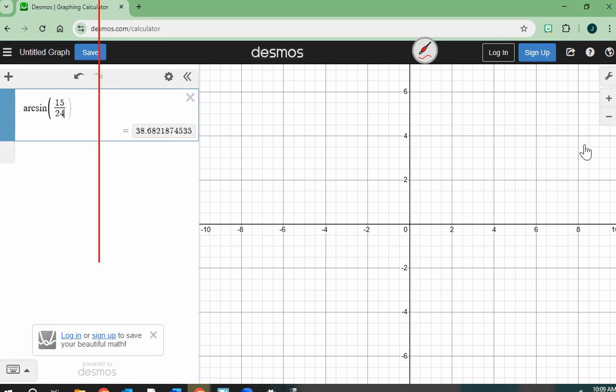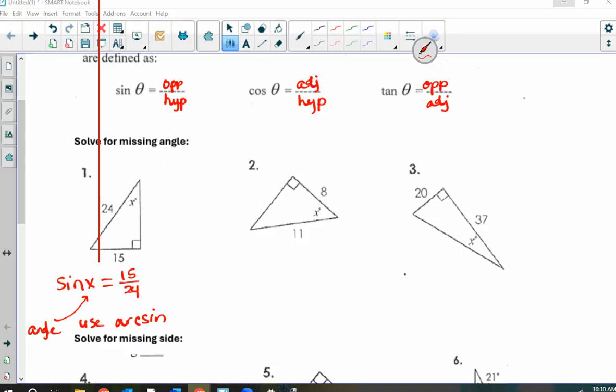So x is 38.682. All right, so go back. Okay, questions on that first one?